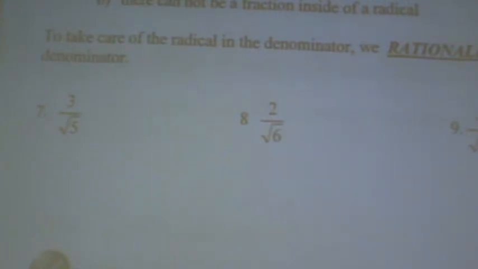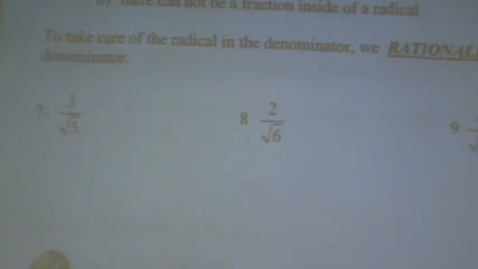To get rid of a radical in the denominator, if it's a square root, you need another one. If it's a cube root, you need 2 of them. So you always want to look at the index and figure out how many factors you're going to need to complete that set.